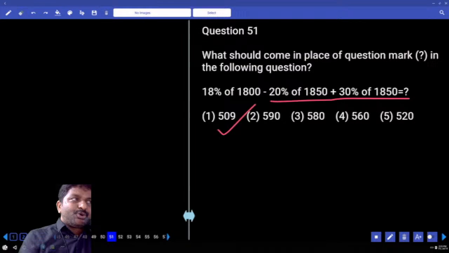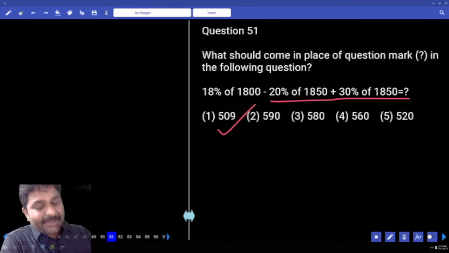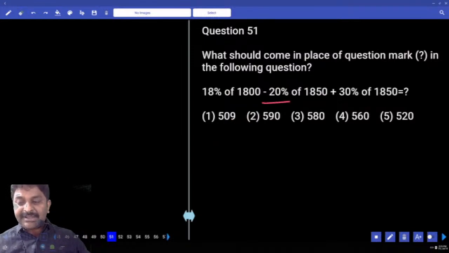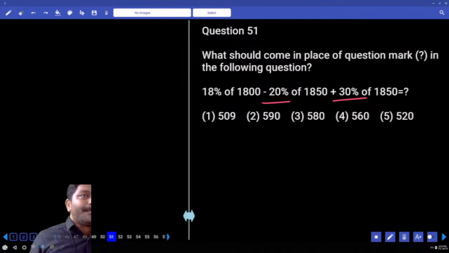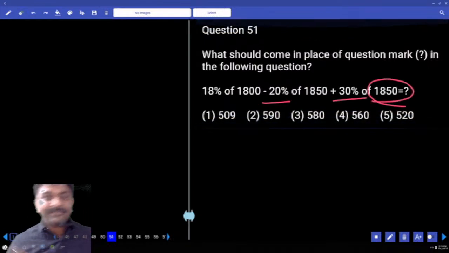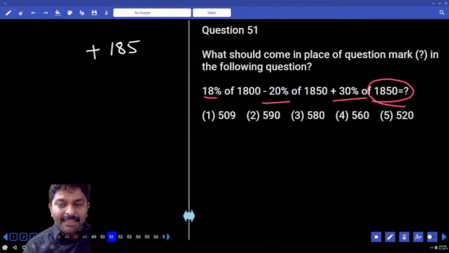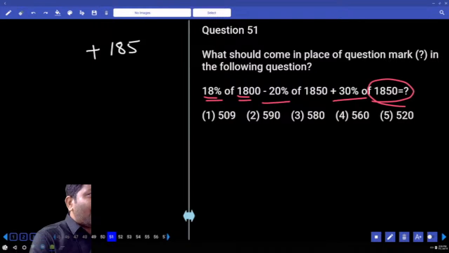Advantages for last two numbers, different percentages calculated on same number. That is the advantage. -20% plus 30%. Overall 10% off, which is 185 only. Positive or negative? Positive. Avuna? 18%. 18 into 1% value 18, which is 18 square only.